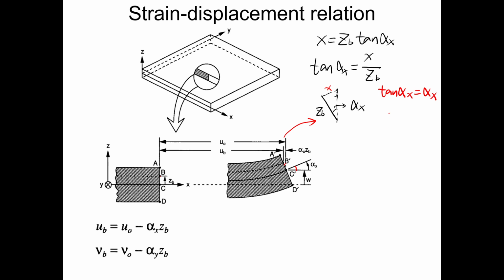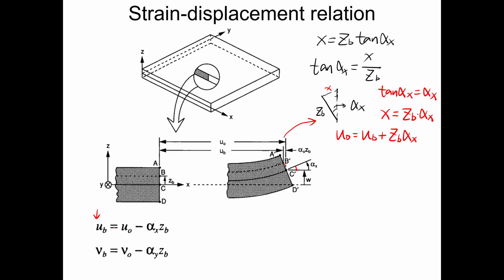So we will have delta x now equal to zb times alpha x. Alright, and in that case now we have our relationship u0 equal to ub plus delta x, essentially plus zb alpha x. We can rearrange the equation. Now we get this one, ub equal to u0 minus alpha x zb.